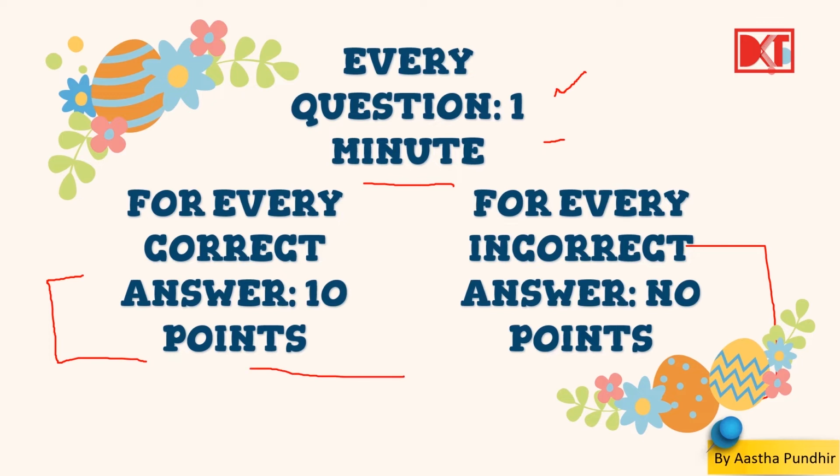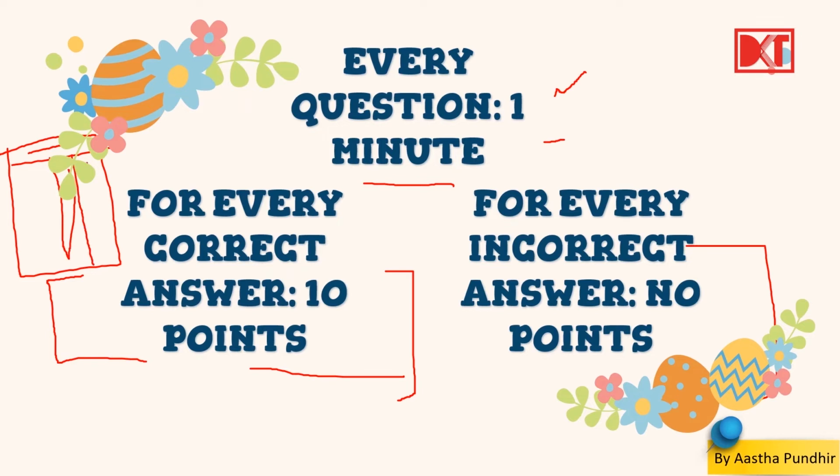This is just for your own little game where you can try to maintain a notepad. Here you write the name of the chapter and then the question, and if it is correct you can give yourself 10 points. If it is not correct, you mark it here.